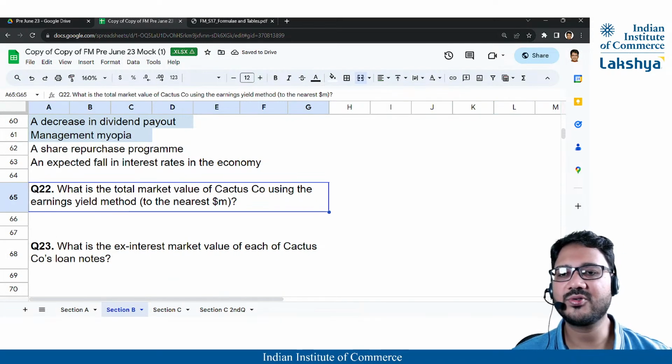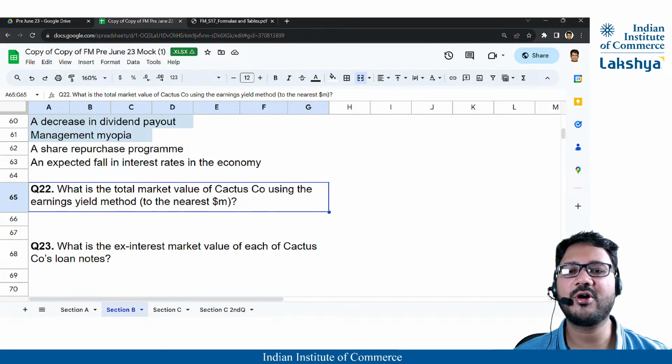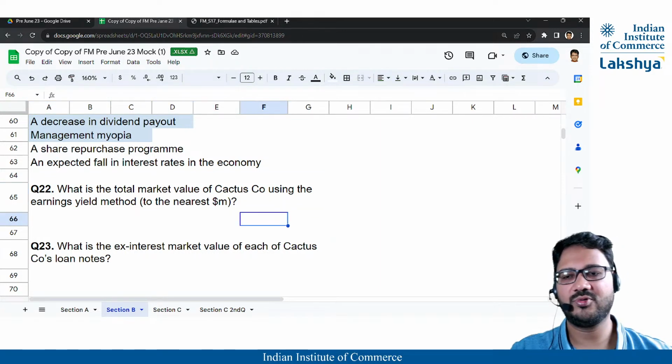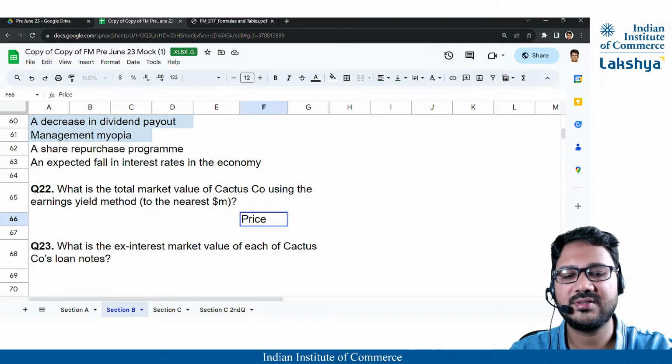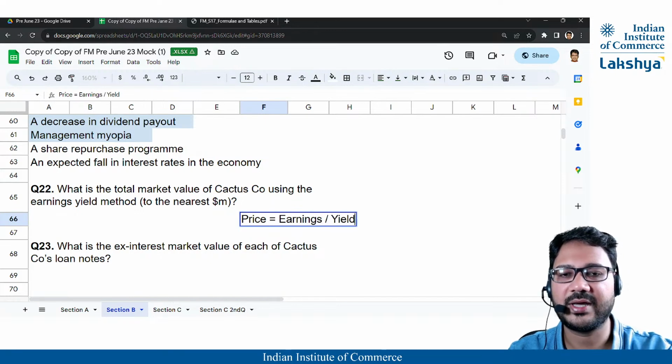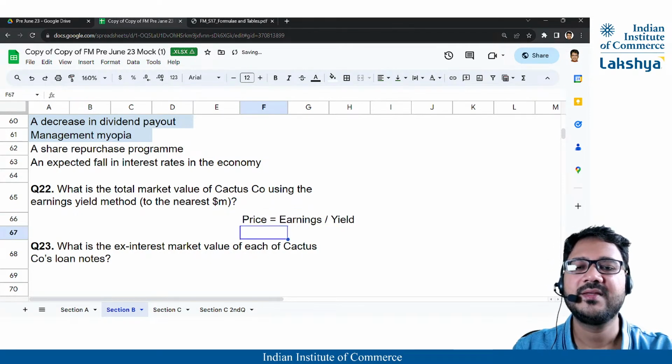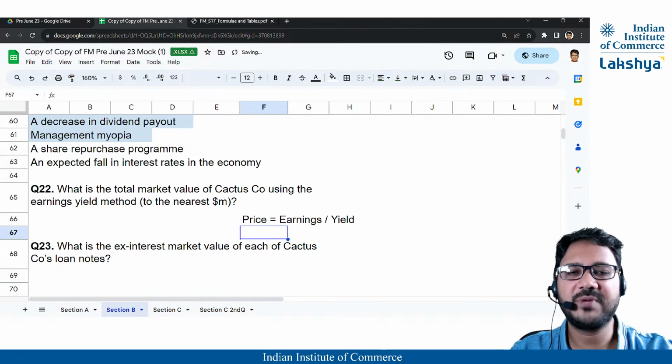Now, question number 22: what is the total market value of Cactus company using the earnings yield method? So using the earnings yield method, the formula is price is equal to earnings divided by the yield. The actual formula is yield is equal to earnings divided by price, so I'll write the actual formula also.